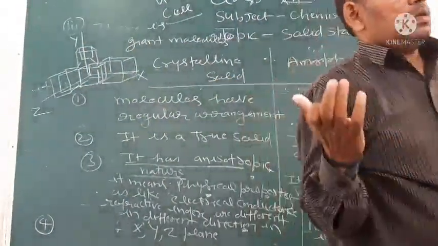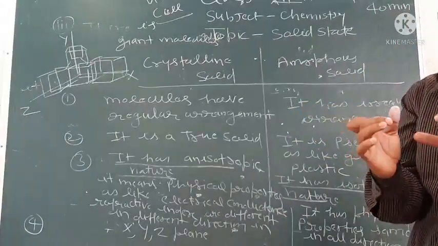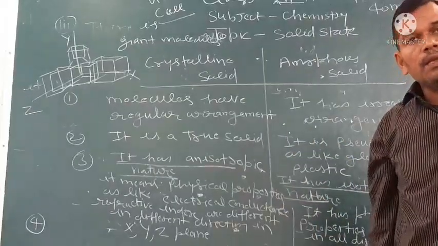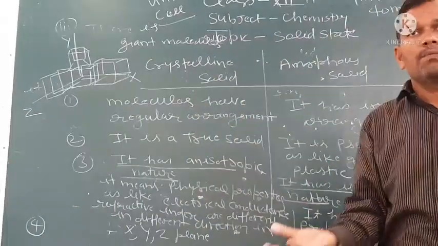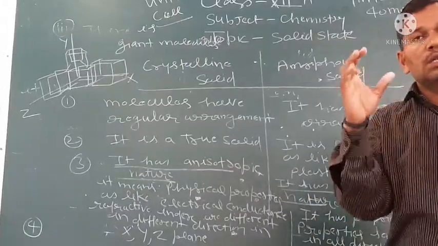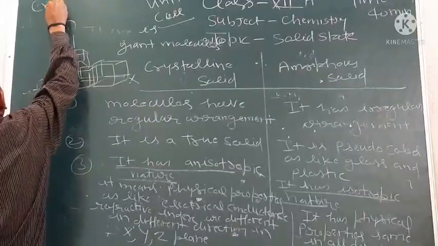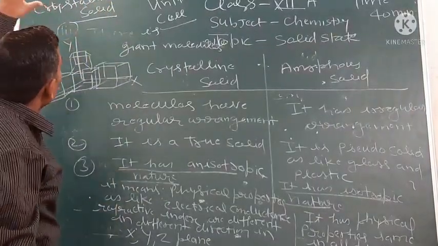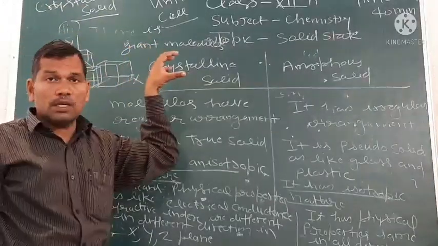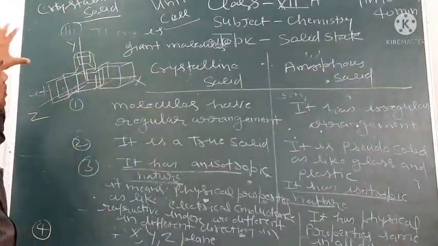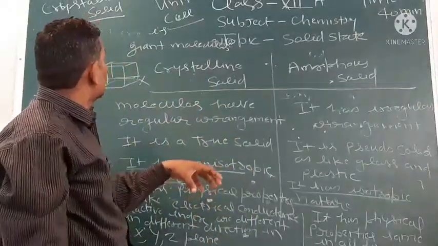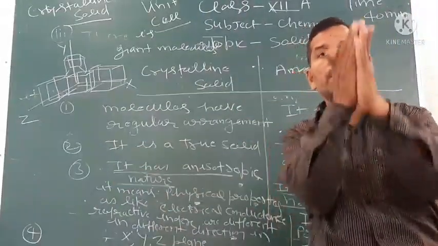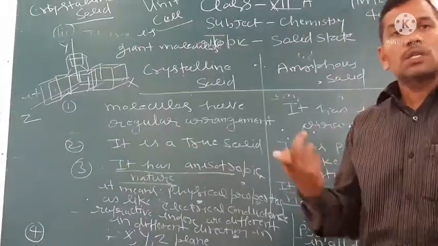When small units of a crystal combine with each other in the x, y and z planes, they make an array and become a high molecular weight crystal, which is called crystalline solid.